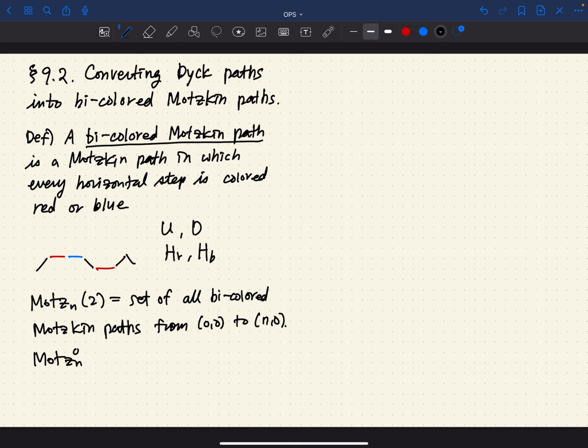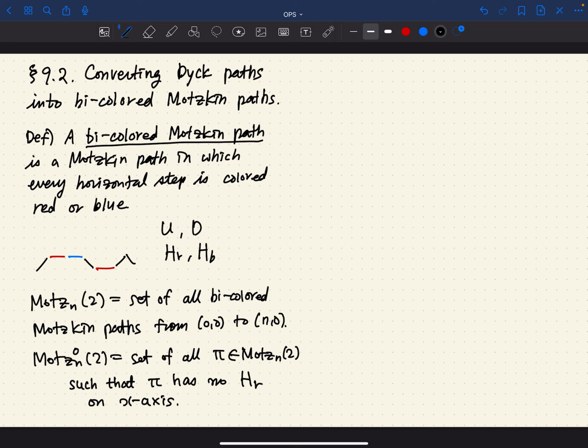Mach_n^(0,2) means the set of all elements in Mach_n^(2) such that pi has no HB on the x-axis, so height 0. In other words, horizontal steps at height 0 are always red. We cannot have blue in this set. That's the definition.